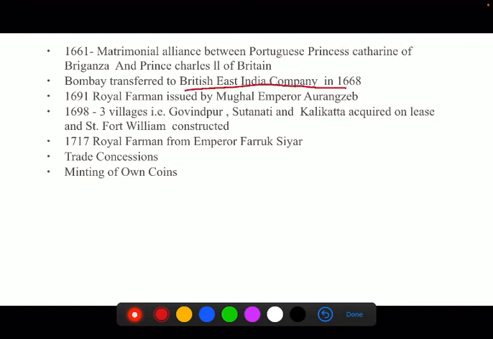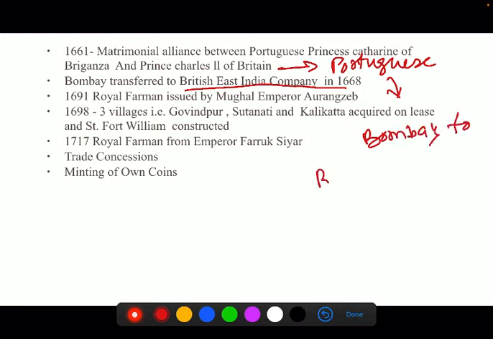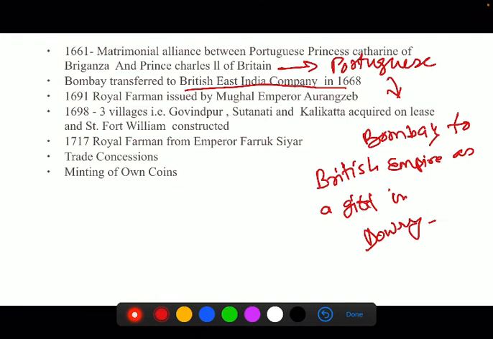Sorry, this is not the case. Here in this marriage, the Portuguese gave Bombay to the British Empire as a gift in dowry. Okay, they gave the gift in 1661.